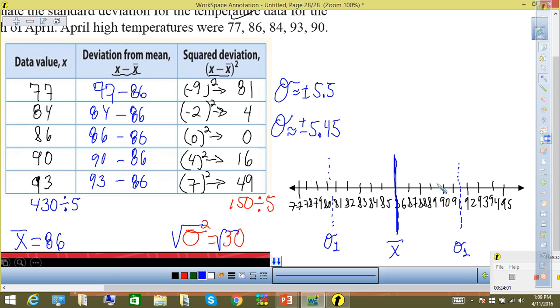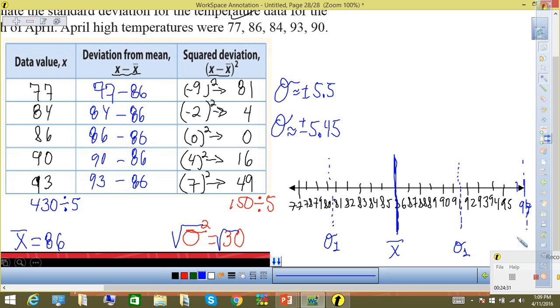Okay. So if I go one more standard deviation from this one, it's at what? 91.5? So what is one more standard deviation? 91.5 plus 5.5, what does that give us? Very good, 97. And what would we label this standard deviation?